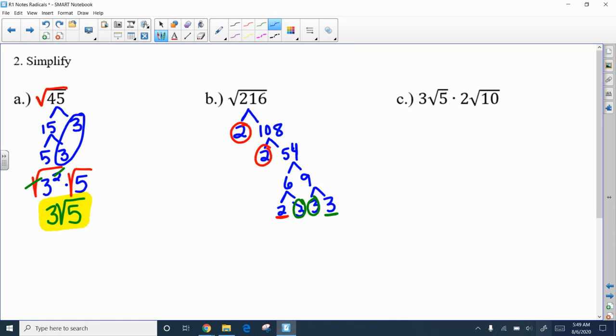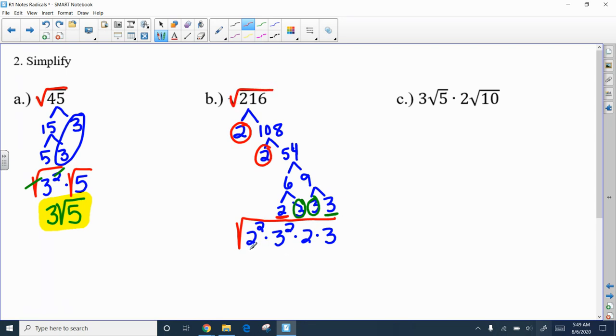So when I write that, again, some of you might skip this middle step. That's fine. We have 2 squared times 3 squared. Those are the ones we have in pairs. And then we have a 2 that's not in a pair, so just 2 by itself and 3 by itself. Now this is still all under a radical because it's not just 216, it's square root of 216.